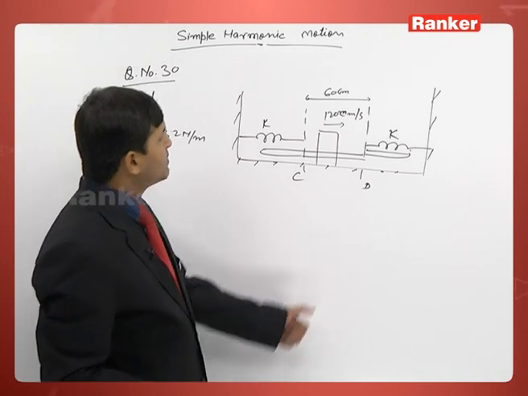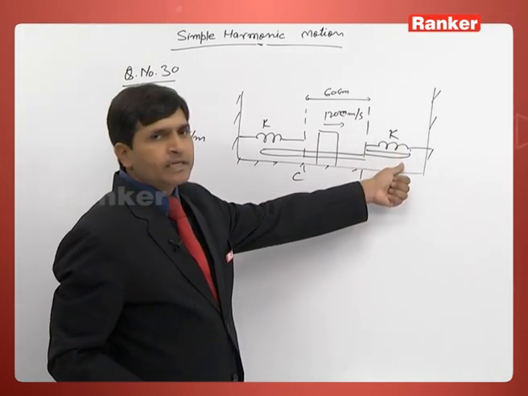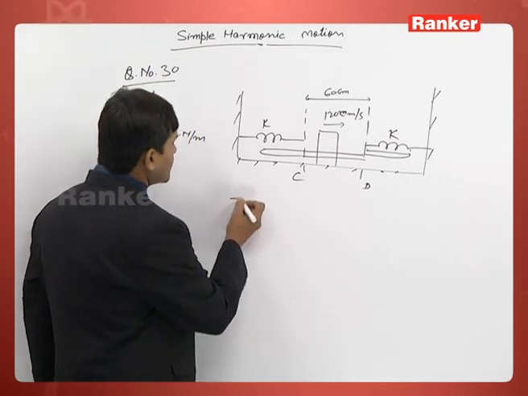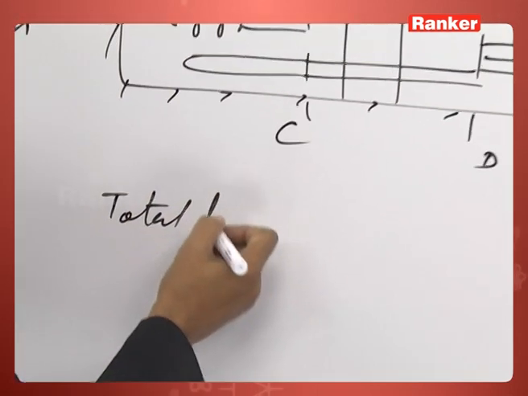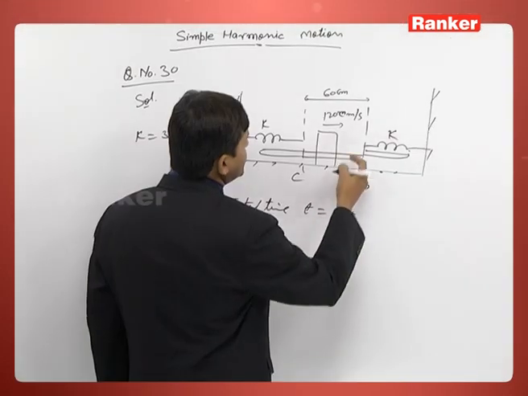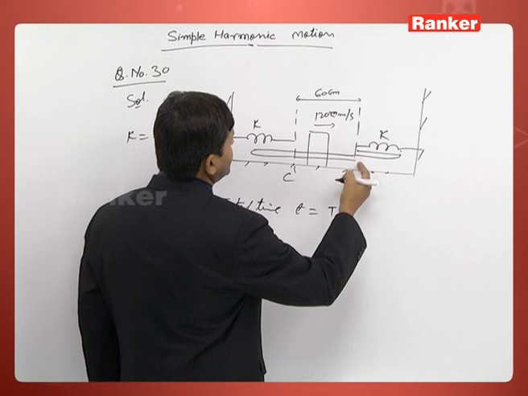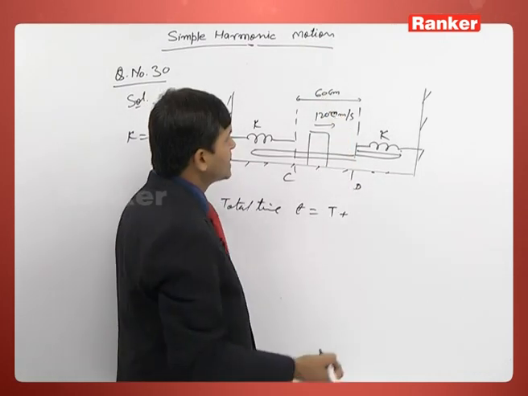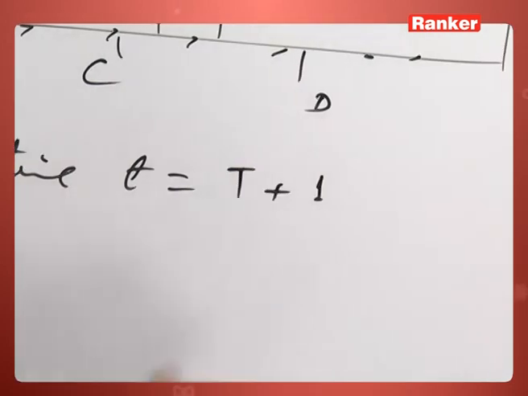So total time means T by 2 here, T by 2 here. So total time T is equal to T plus this distance here, 60 plus 60, 120, with speed 120 centimeter per second, that time is 1.